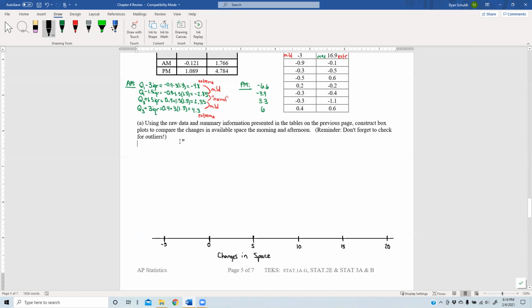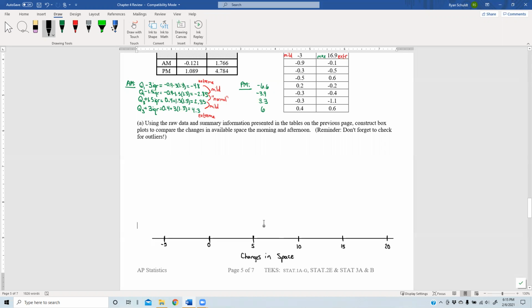Okay. So now let's do our actual plotting of the data. There we go.